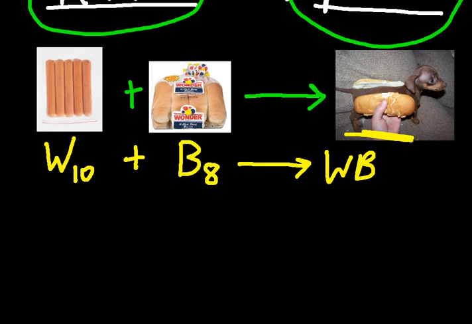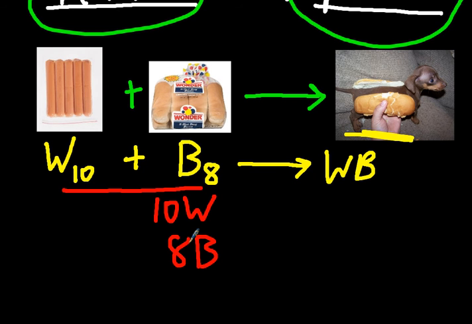So first off, let's balance the equation. Keeping track of both sides, we have W, we have B. Over here at the reactants, we have 10 W and 8 B. Over here with products, we have 1 W and 1 B.